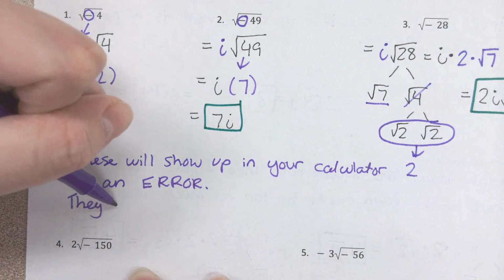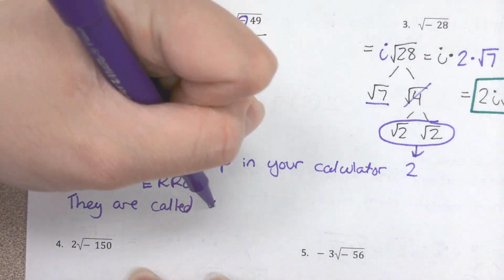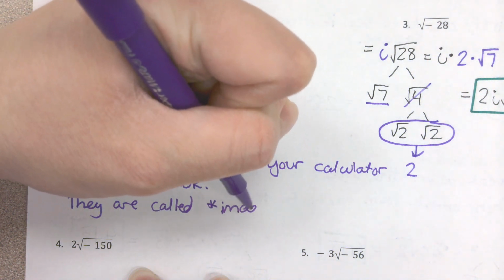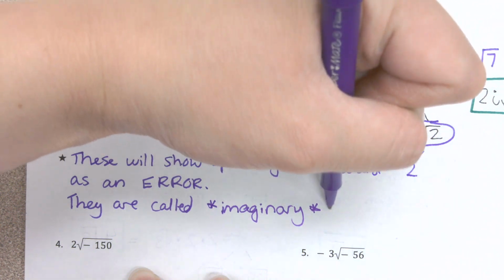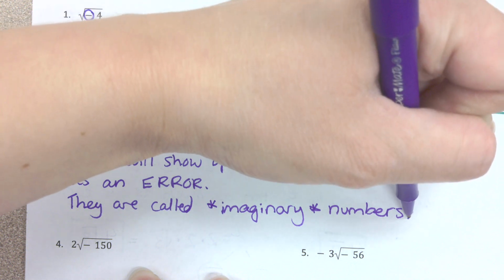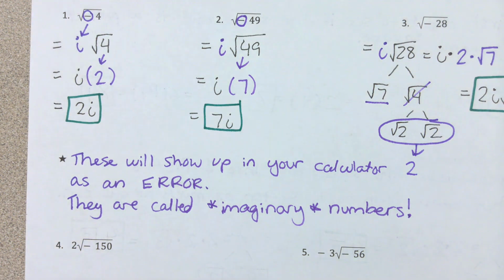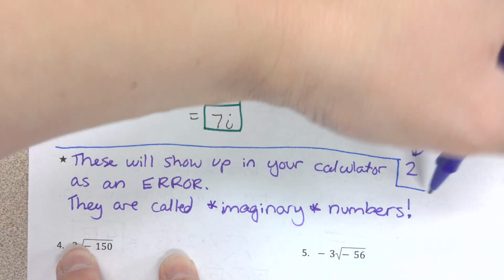They are called imaginary numbers. So technically, like I said before, they're not real, non-existent numbers, but we do have a name for them.